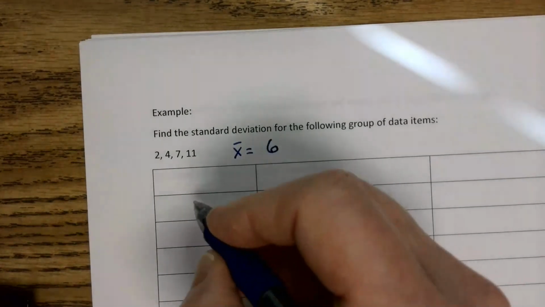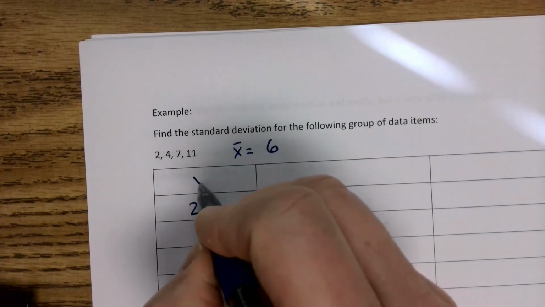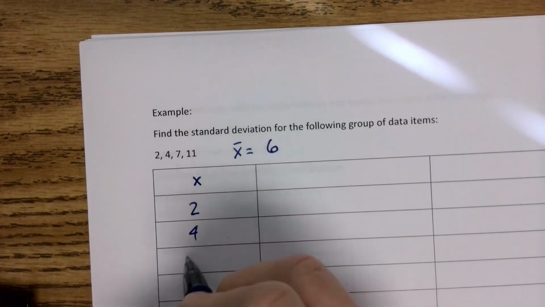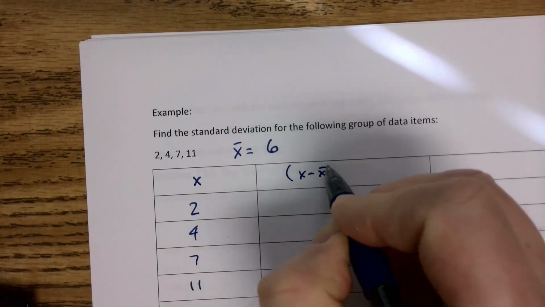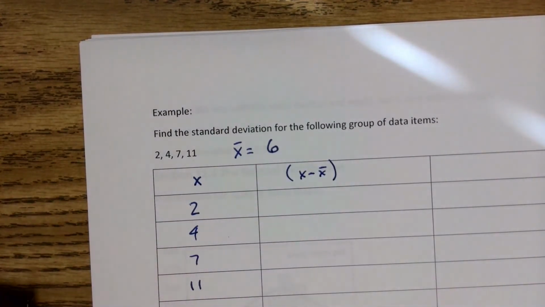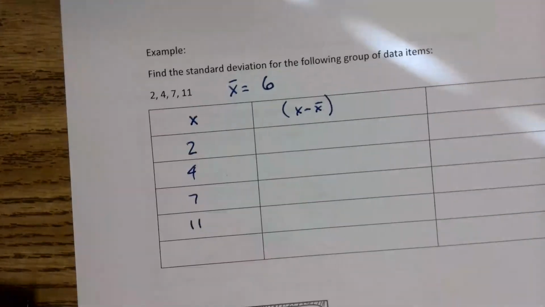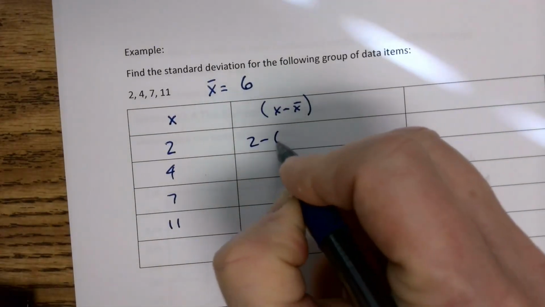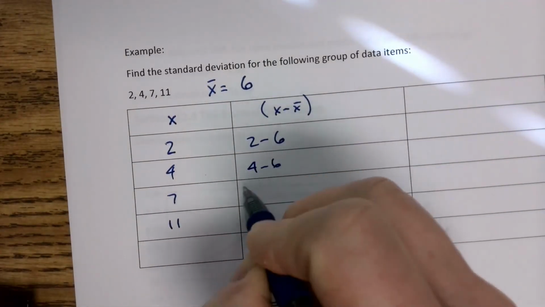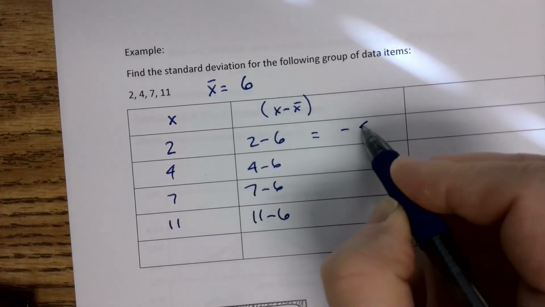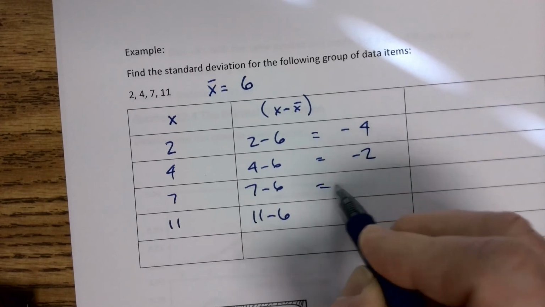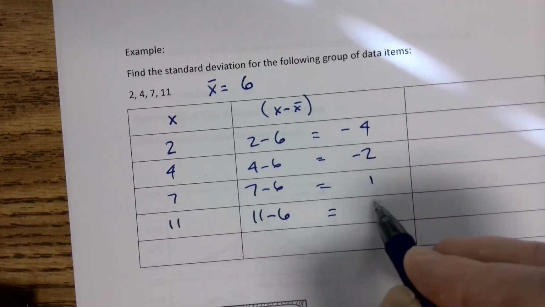We write down the data values: 2, 4, 7, 11. We find out how far each one is from the mean. So 2 minus 6, 4 minus 6, 7 minus 6, 11 minus 6: negative 4, negative 2, 1, and 5.